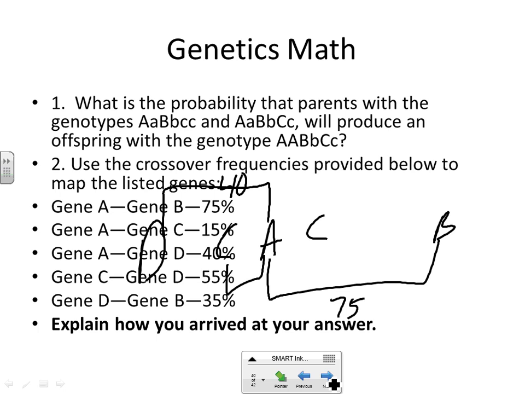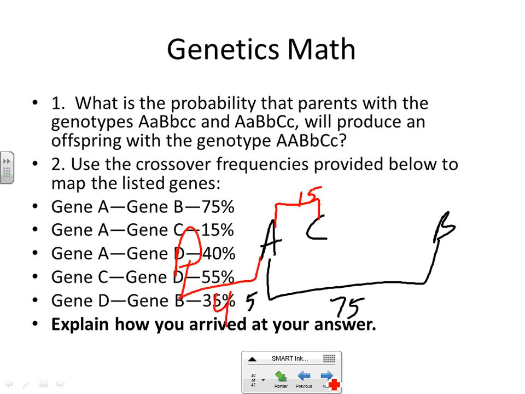So that means that the C to D distance would have to be 25. And that's not it, right? So that's telling us, well, one other way to look at it though, C could be here, right? And if C was here, and that distance is 15, and D was here, and that distance is 40, then this works, right? C to D being 55, that works.